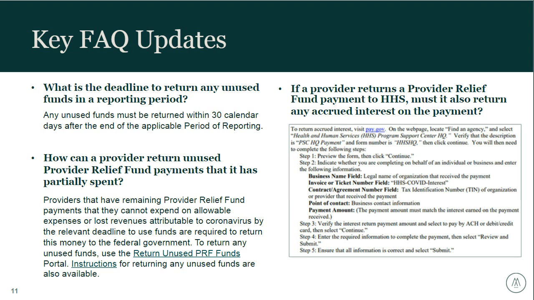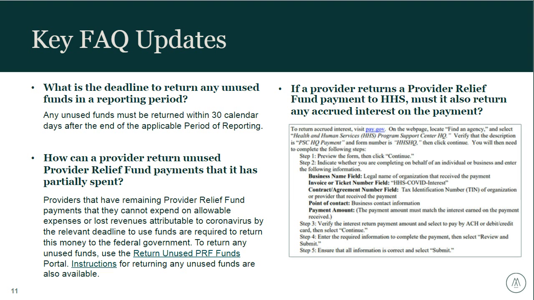funds. And as Aparna had mentioned as well, calculated interest would need to be returned if interest was earned on any of those funds. And then, of course, the question is, well, how can we return unused funds? Pardon me. And HHS has now provided a link and the method by which folks can go and return those funds. They've included the link in their FAQ document, and it's supposed to be available also as instructions in the portal when we go to reports.